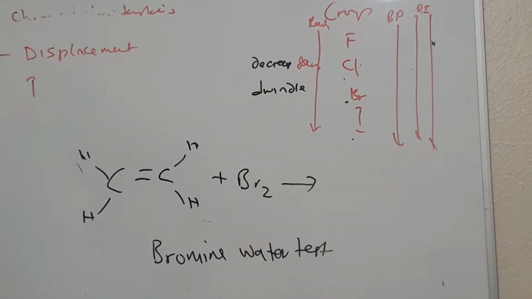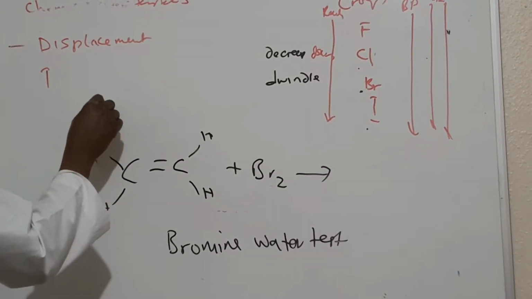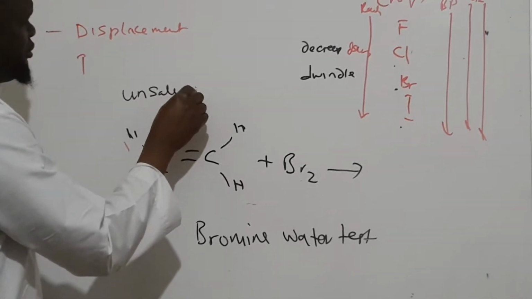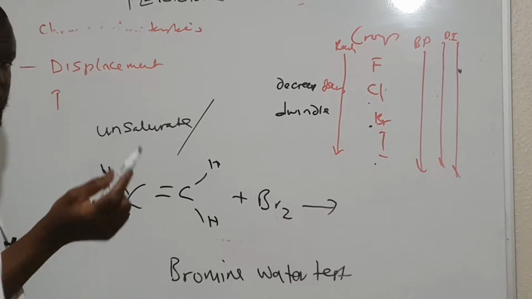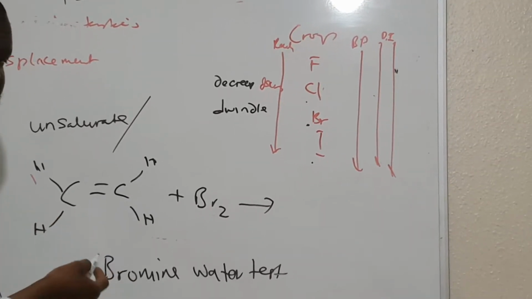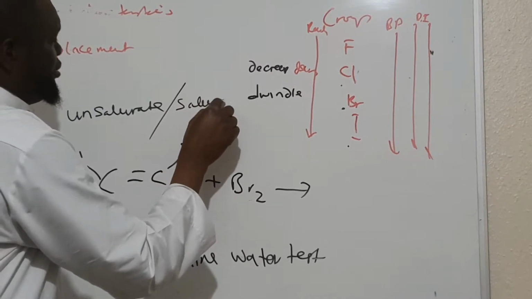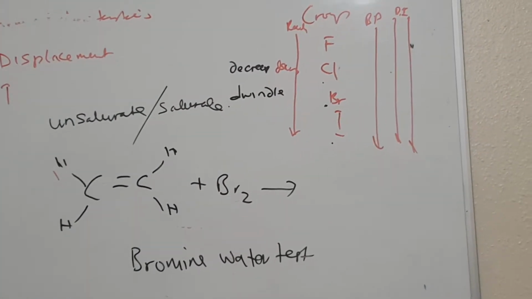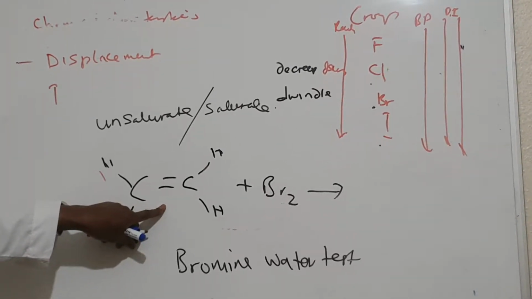Now you see margarine. Some of them contain saturated and unsaturated fat. You see this on the back of oils, margarines and butter. Unsaturated fats contain double bonds within the fats.